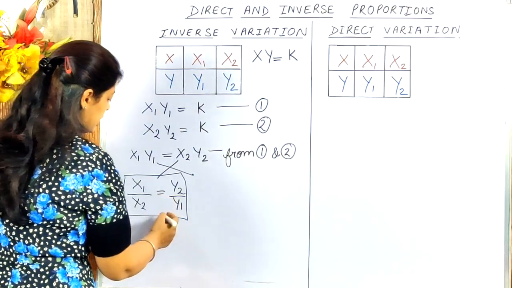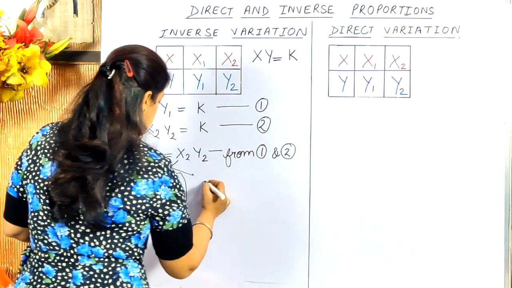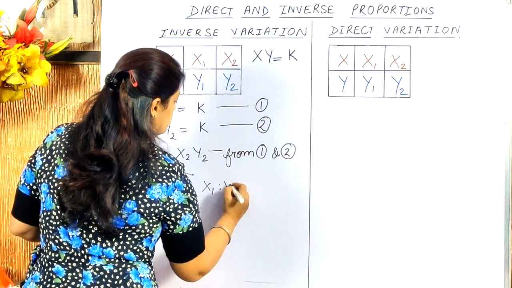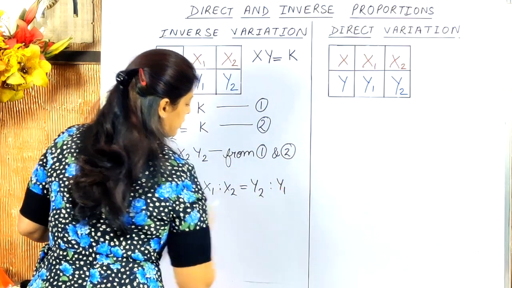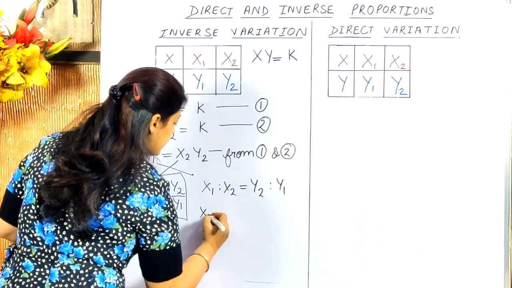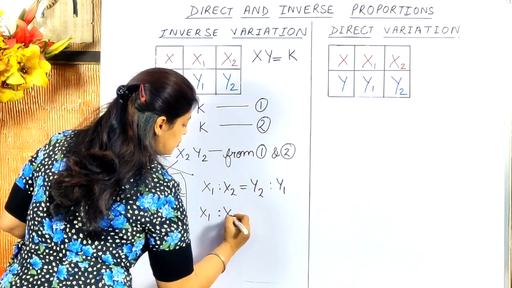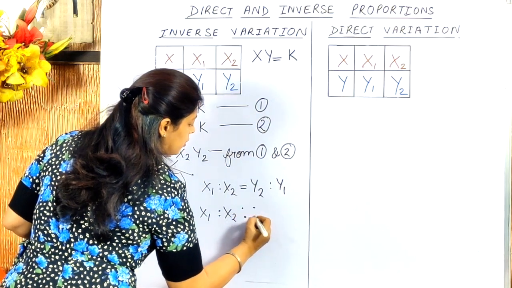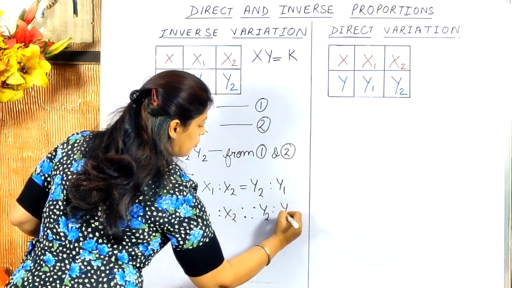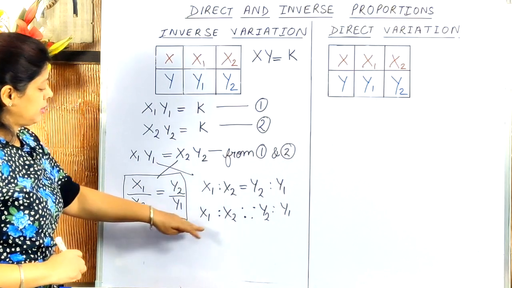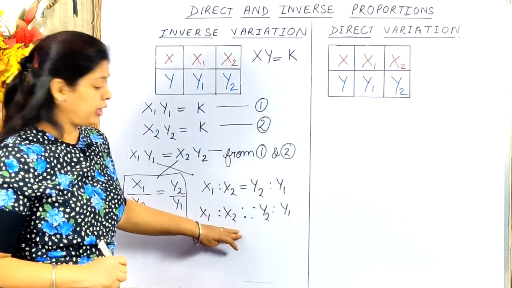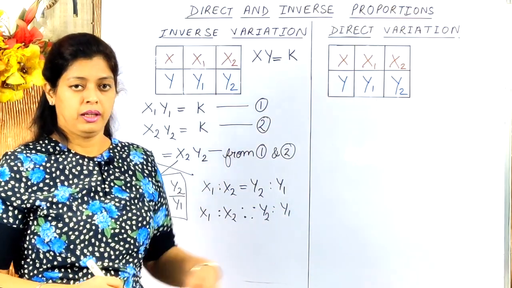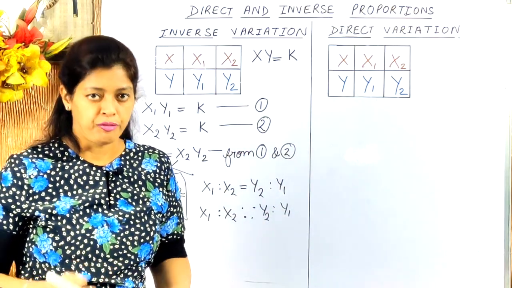Now if I write this in the ratio form, I can write this as x1 is to x2 is equal to y2 is to y1, or I can also say that x1 is to x2 is proportional to y2 is to y1. That is, the ratio of any two values of x is equal to the inverse ratio of the corresponding values of y.